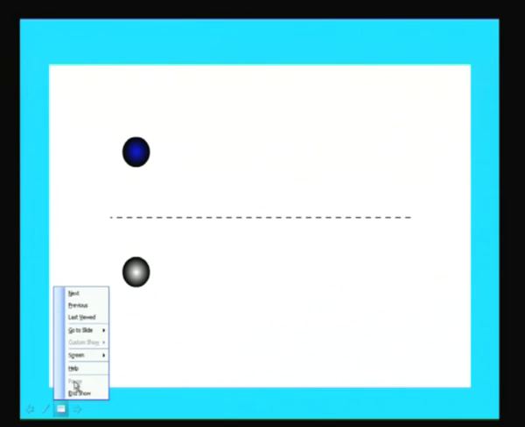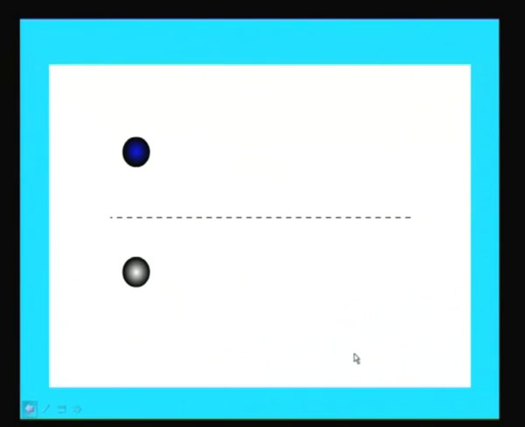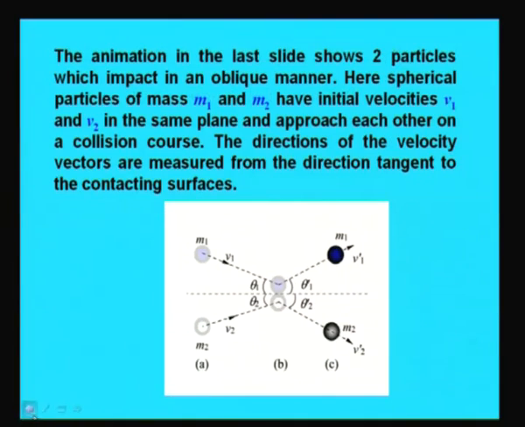In this case two bodies will make collision, and the situation will be like this: there is a particle m1 and a particle m2, both moving. One is moving with velocity v1, the other with velocity v2, both make contact at this point, collide, and after that they separate.